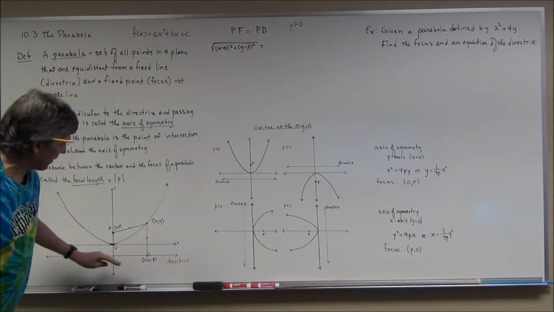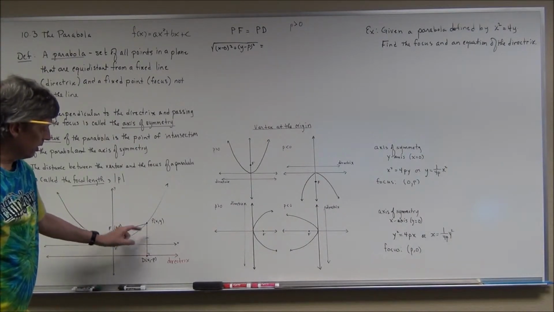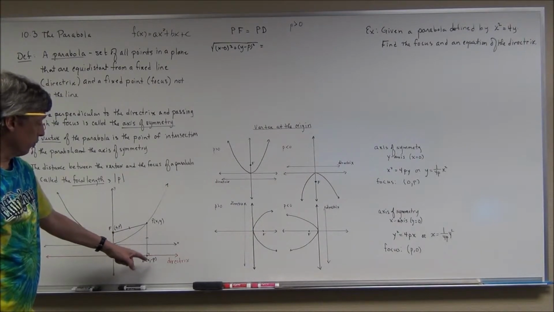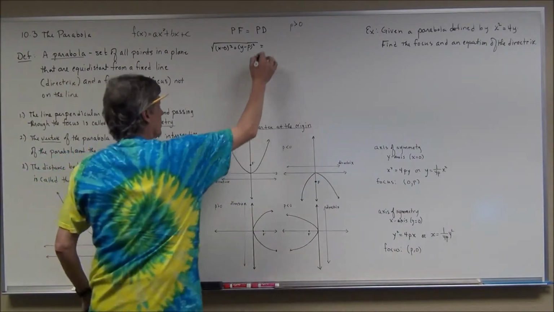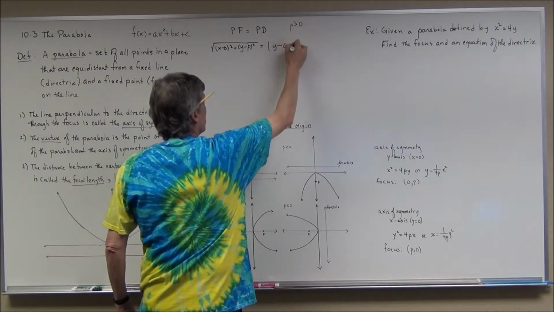Now as you can see, since my directrix is a horizontal line, this is a vertical distance here. So all we really need would be to subtract the y values. So I'll write the absolute value of y minus the opposite of p.